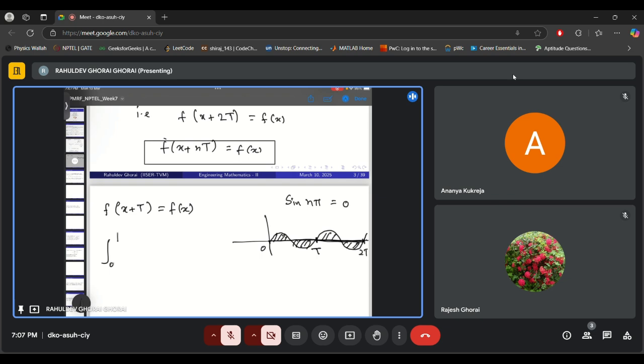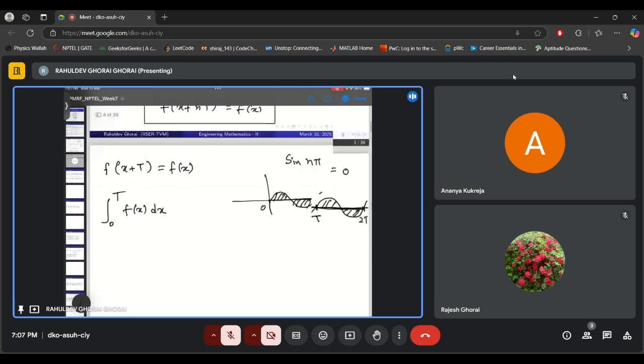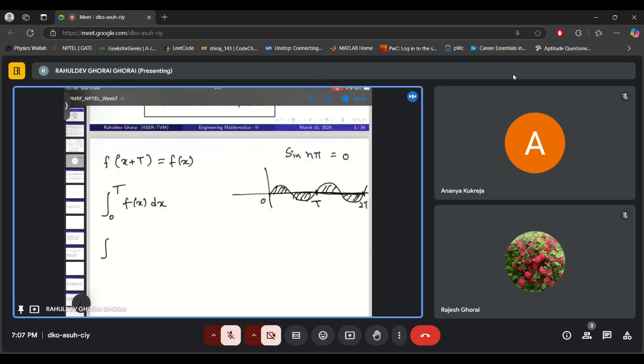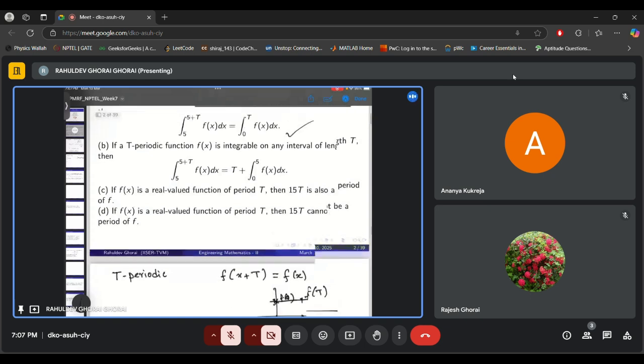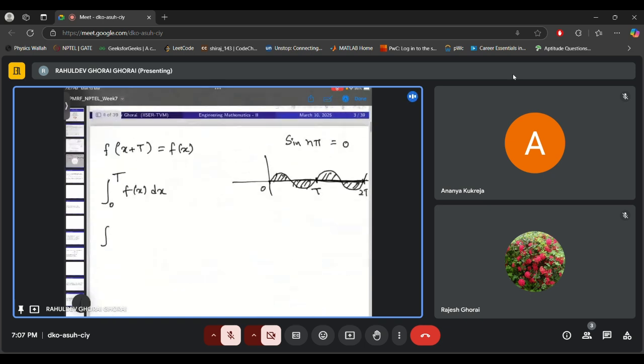Now what we are saying is, instead of the integral of f(x) dx from 0 to T, if you take T to 2T, or here it is given also 5 to 5 + T, like that, any number. So let's say the integral from 5 to 5 + T of f(x) dx. So what is this?